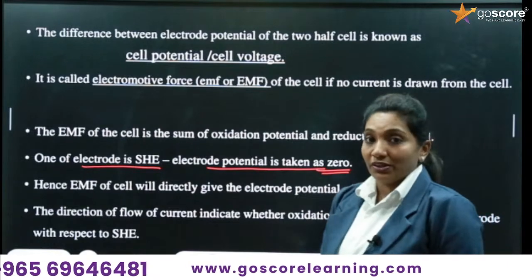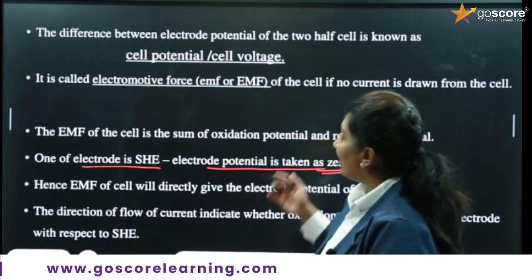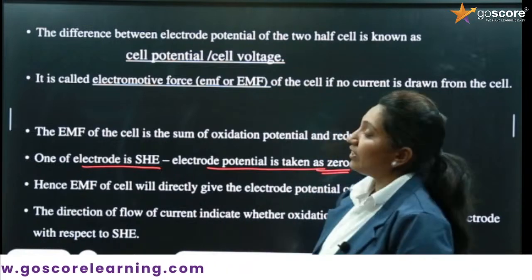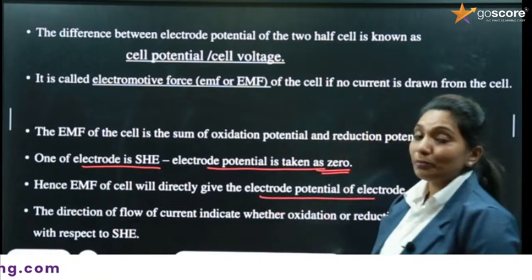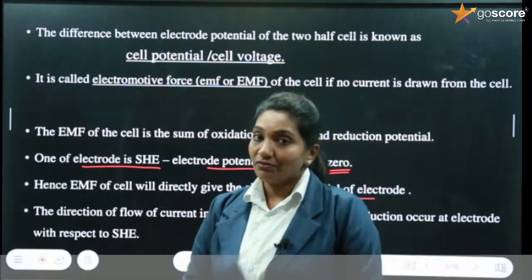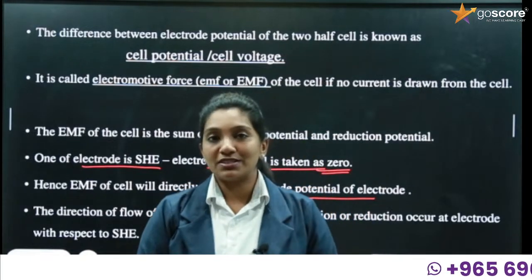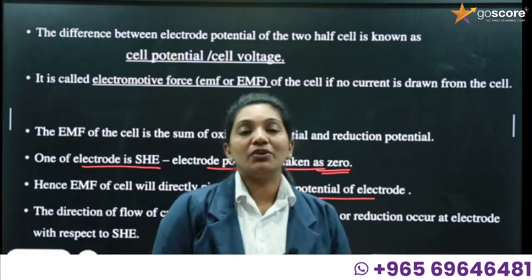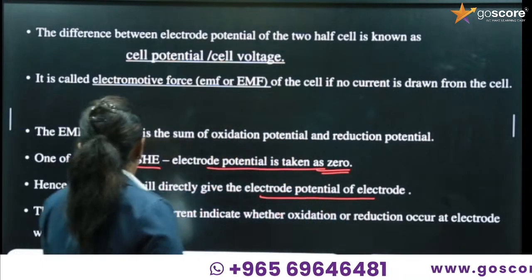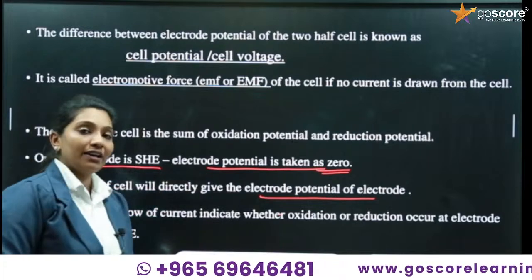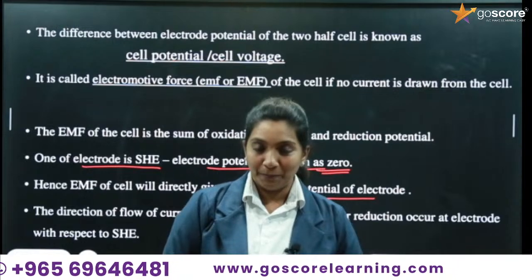Okay, so the potential difference in the cell, that is the EMF, directly gives the electrode potential of the electrode that we want to investigate, or the electrode potential of the metal that we want to find out or measure, right? So that is how the standard hydrogen electrode helps us to measure electrode potential.